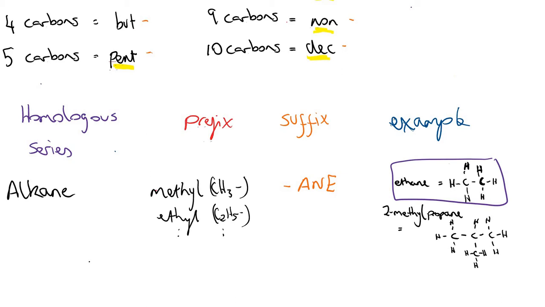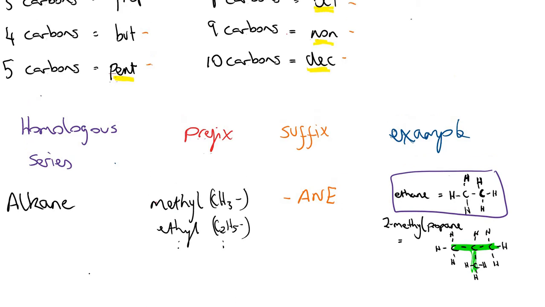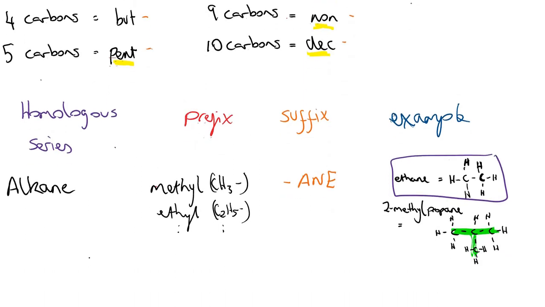Next, I've just got a more complicated molecule, but I count the longest chain of carbon atoms, which is 3. It's also 3 this way, if you imagine. If there's 3 in the main chain, that means the 3 carbons is prop. It's an alkane because it's only got hydrogen and carbon single bonds. So it's propane.